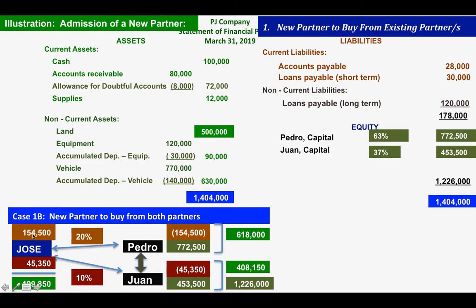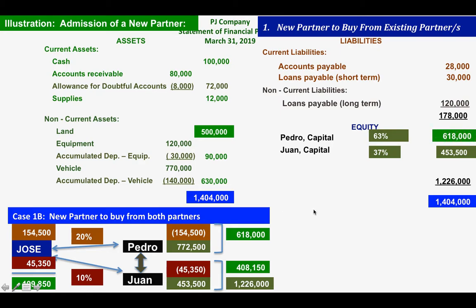Whatever the amount paid by Jose to Pedro and to Juan will not be reflected in the partnership. If Jose purchased at higher or lower amounts from Pedro and Juan, it will not be recorded in the books of the partnership. The difference will be borne or shouldered by Pedro and Juan.